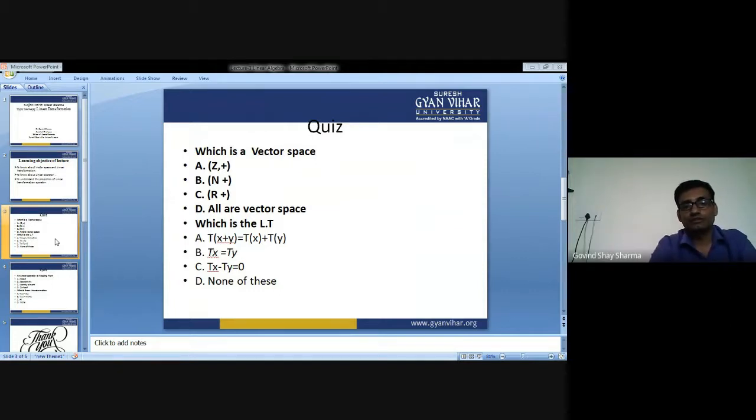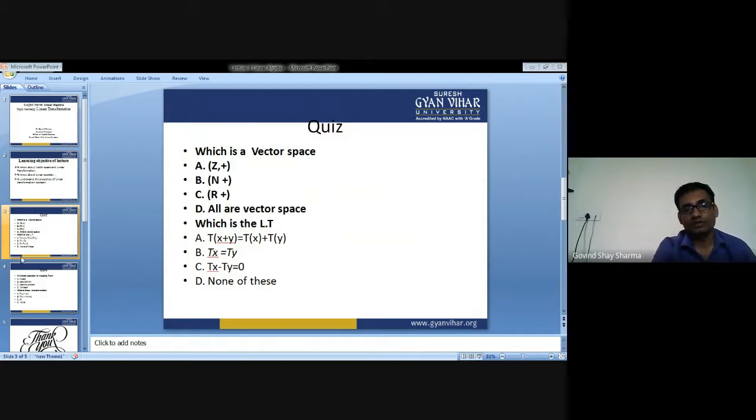In this lecture we think about the vector space more deeply, because a set which fulfills some conditions is called a vector space. But N plus is definitely not a vector space. And R plus, I already told you that R is a vector space on itself. So R plus is a vector space. Which is the LT? LT means linear transformation. So we will continue.